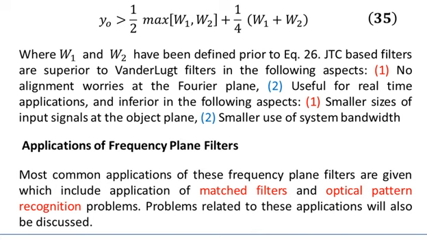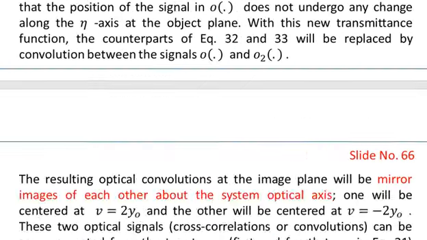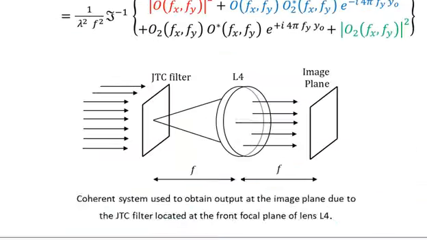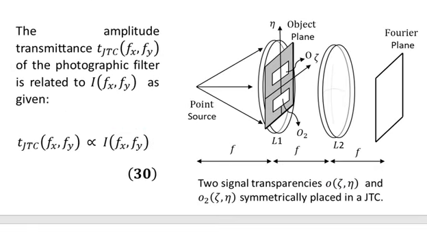Number one, smaller sizes of input signals at the object plane. And number two, smaller use of system bandwidth. So you see that this is the main drawback, that we have to use a smaller bandwidth because the sizes of the objects O and O2 are small in comparison with the bandwidth provided by this lens L1.